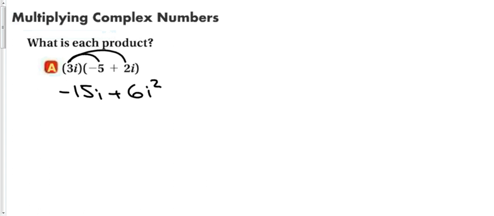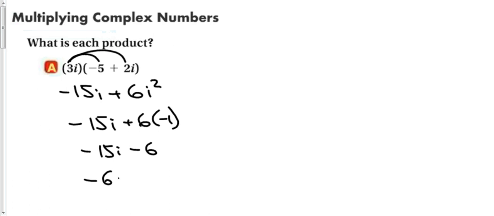But the 6i squared changes into negative 15i plus 6 times negative 1, because i squared is the same as negative 1, which means this becomes 15i minus 6. But I don't want to leave it that way. I want to write it with the real part first and then the imaginary part. So write this as 6 minus 15i.